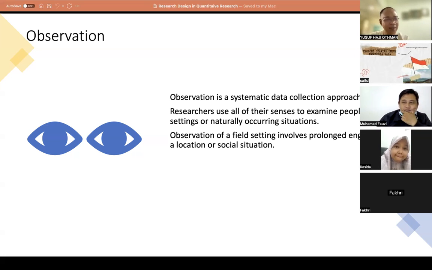I remember after I got my master's degree, I was assigned difficult subjects because I graduated from University of Wisconsin in the US, and is considered as the universities that are excellent in quantitative methods. So the dean of the school at that time, he said to me, Mr. Yusuf, you graduated from Wisconsin, yeah?